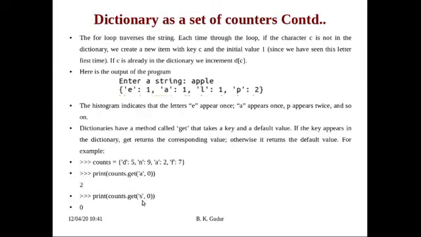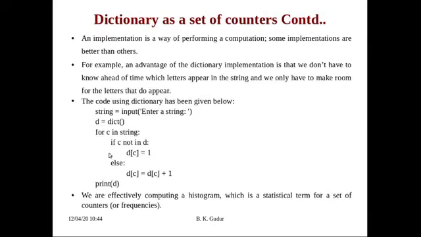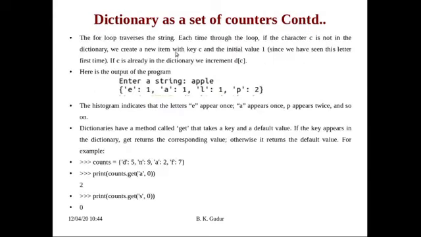The for loop traverses the string each time through the loop. If C is not in the dictionary, we create a new item with key C and initial value 1. So if C is not there in the dictionary, C will be taken as a key and its initial value will be 1, because we are getting it for the first time.